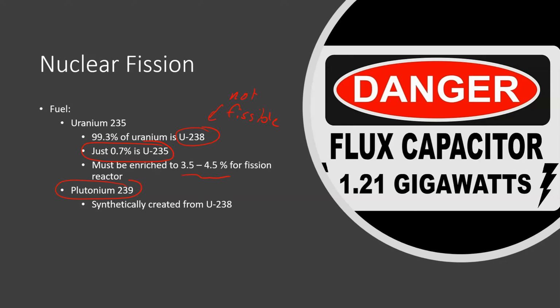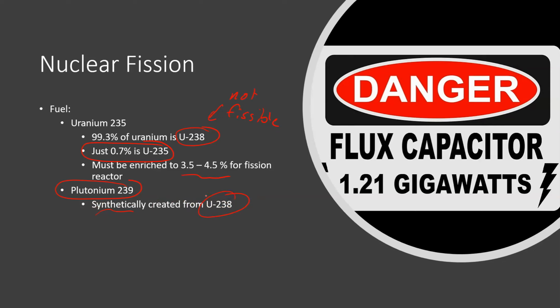Which, by the way, is one of the technologies that's kept under lock and key and watched very carefully as to which countries have access to that technology. Because if we can enrich it for a nuclear reactor, theoretically, you can enrich it even farther to build nuclear warheads. Now, we could potentially also use plutonium-239, which is synthetically created from uranium-238.